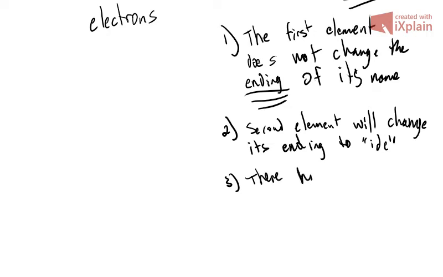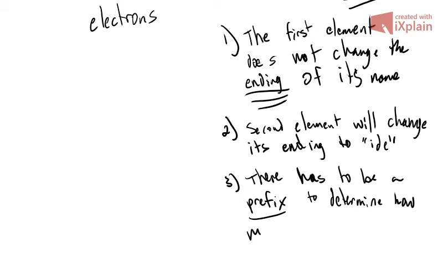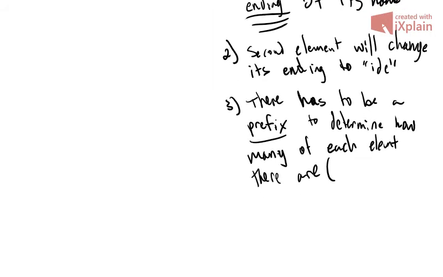There has to be a prefix, meaning something at the beginning of each element's name, to determine how many of each element there are.